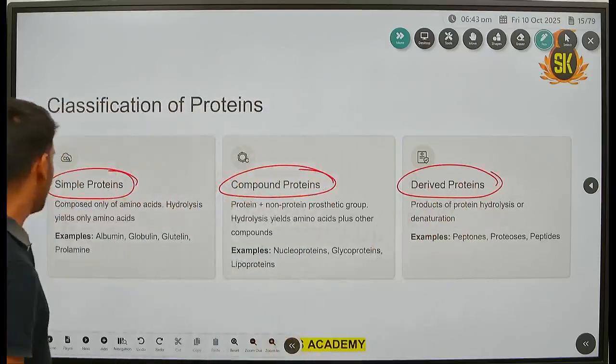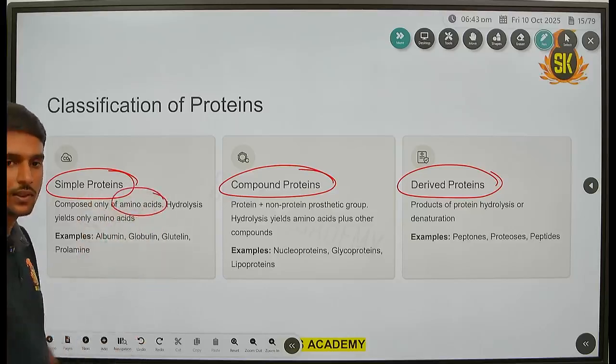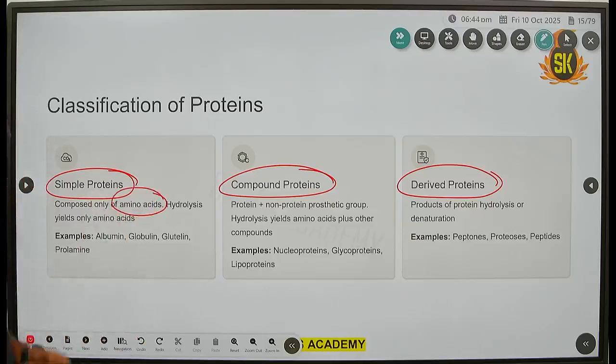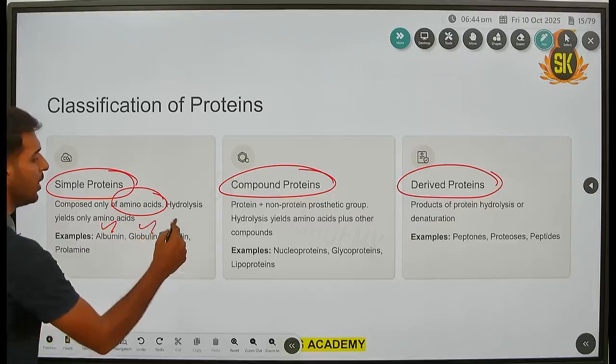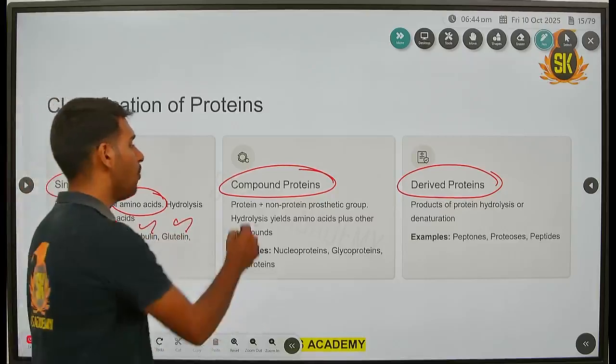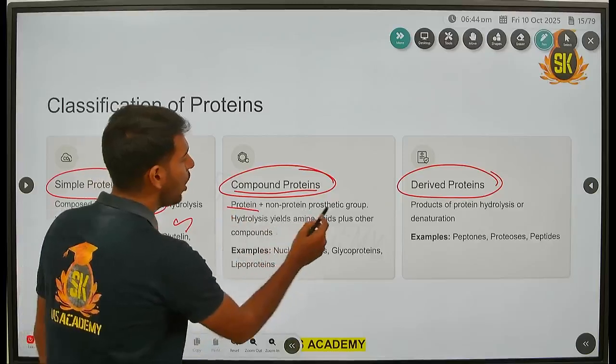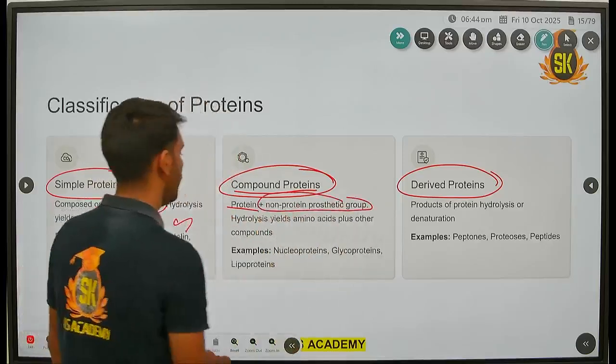Sir, what is a simple protein? Composed of only amino acids; upon hydrolysis they produce purely amino acids. Examples: albumin, globulin, glutenin, prolamine. Compound proteins: protein plus a non-protein prosthetic group.